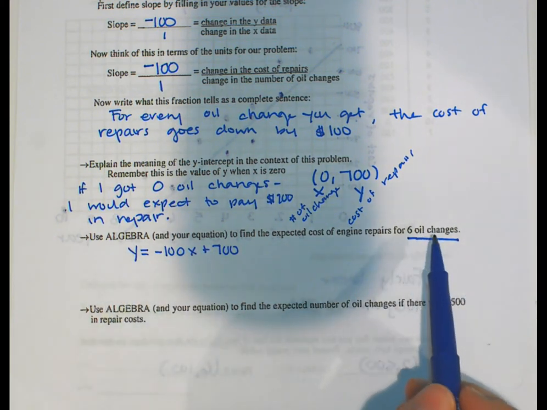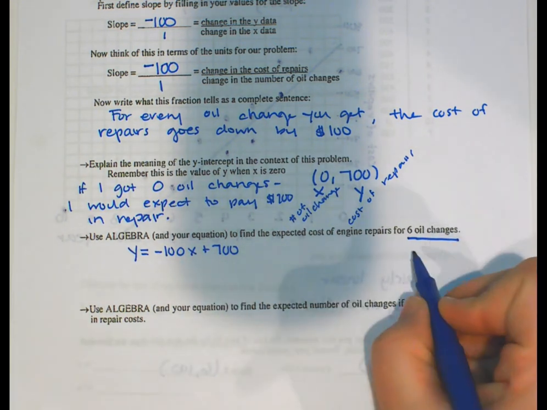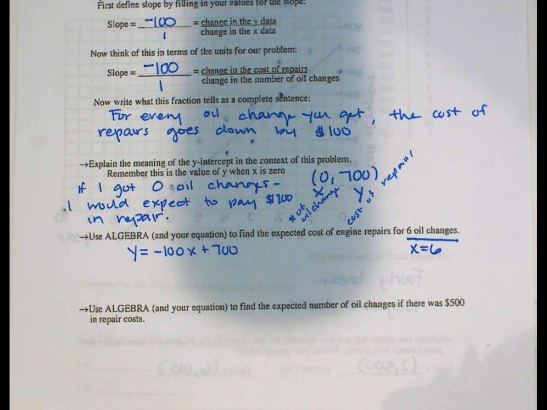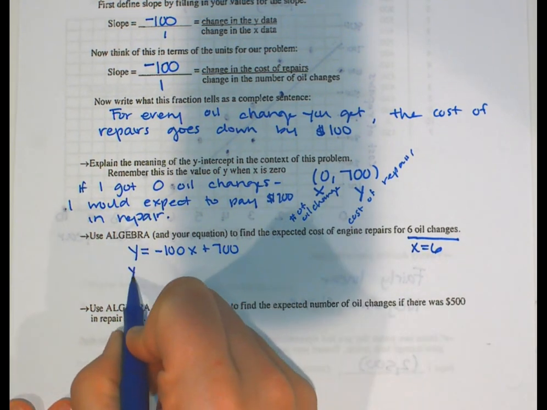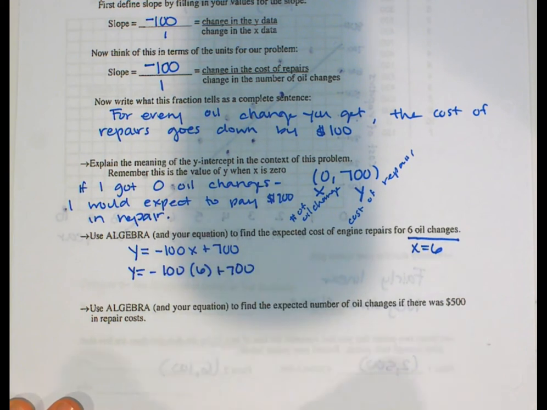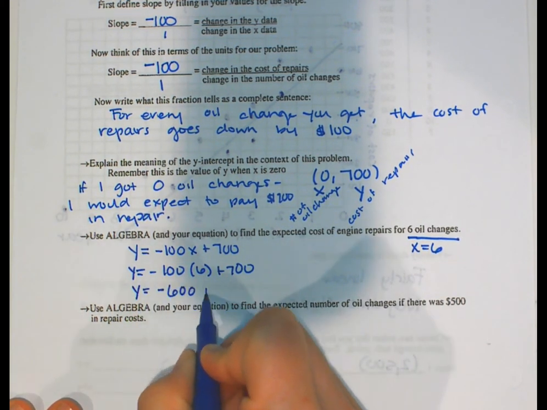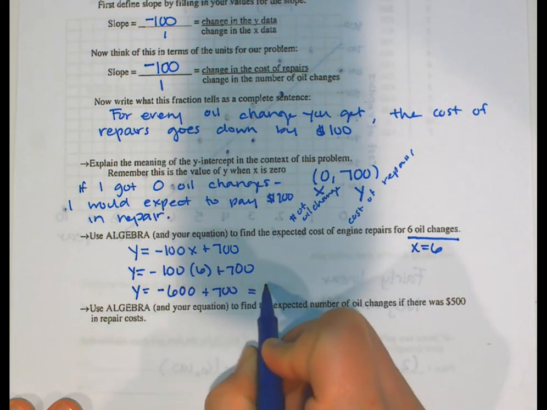Oil changes was our x variable. So this means x equals 6. If I know that x equals 6, I can then solve for y. So negative 100 times 6 would be negative 600, plus 700 is $100.